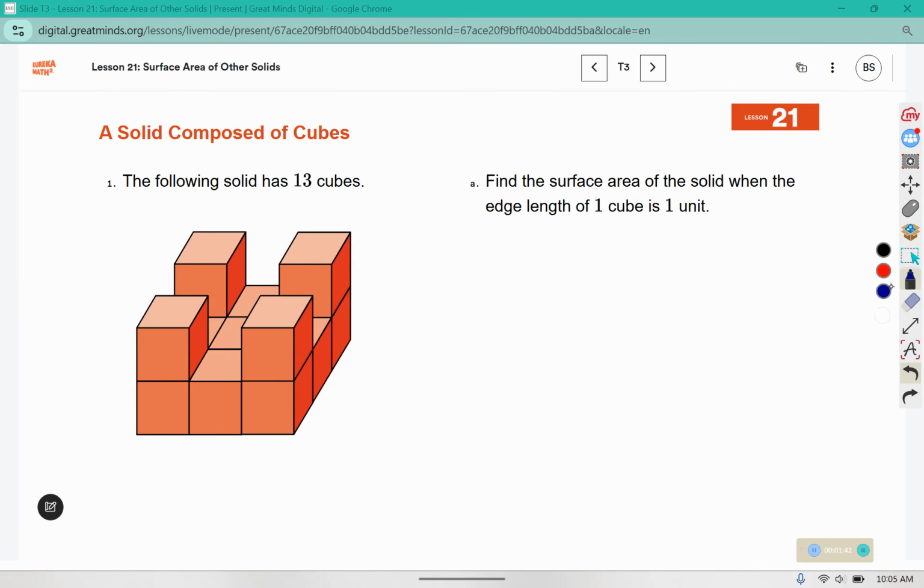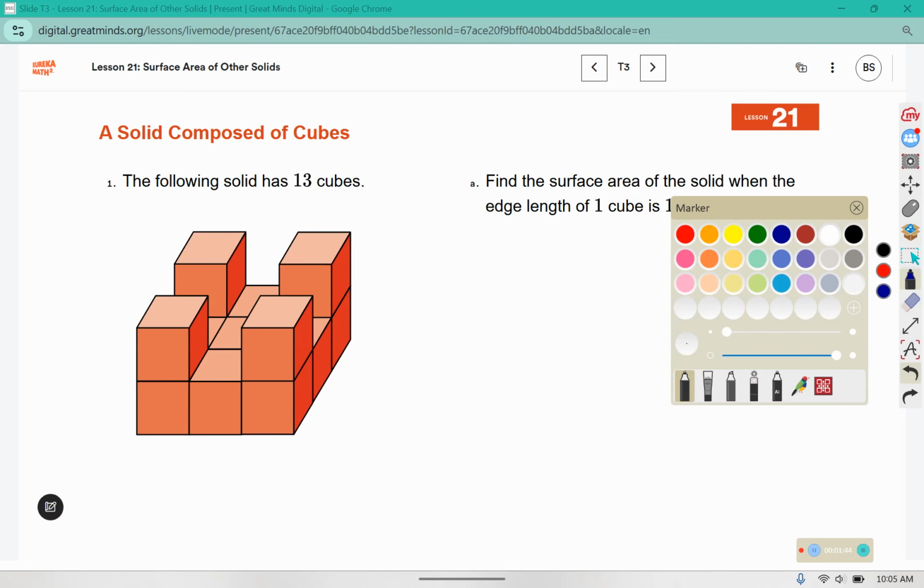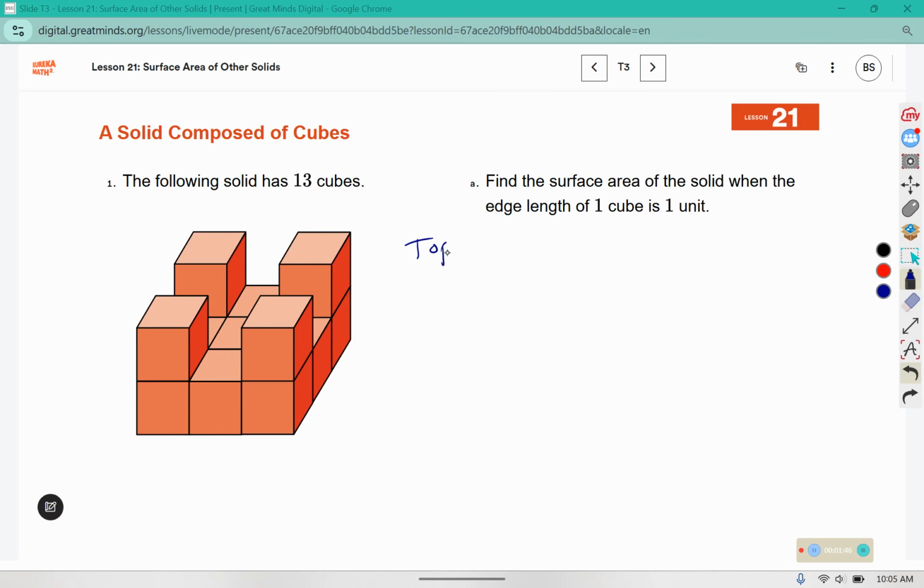We're finding the surface area. Well, if we look at it from the top view, there's 1, 2, 3, 4, 5, 6, 7, 8, 9 from the top. So that is 9 units squared.